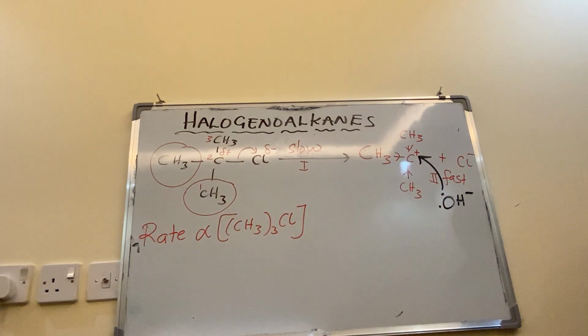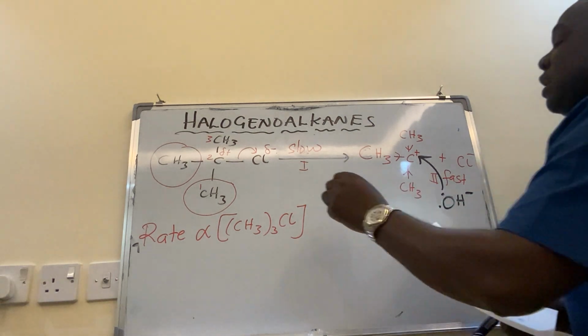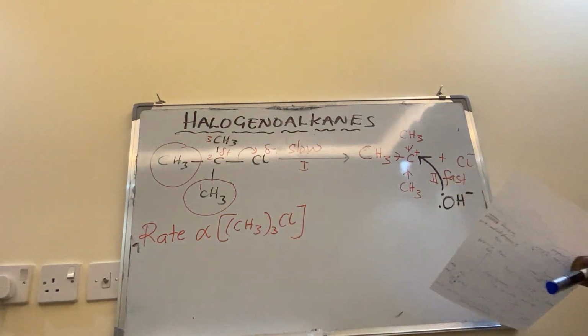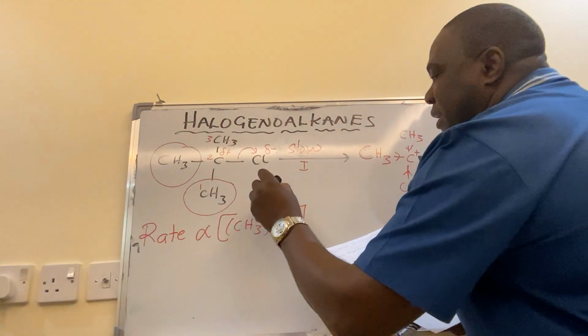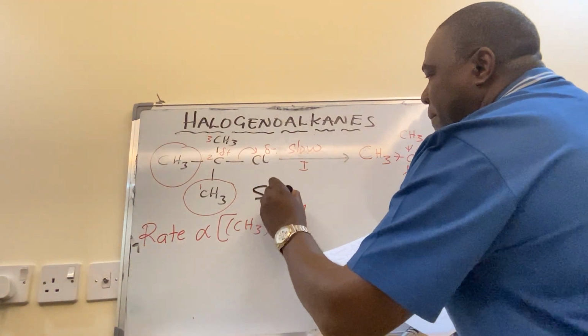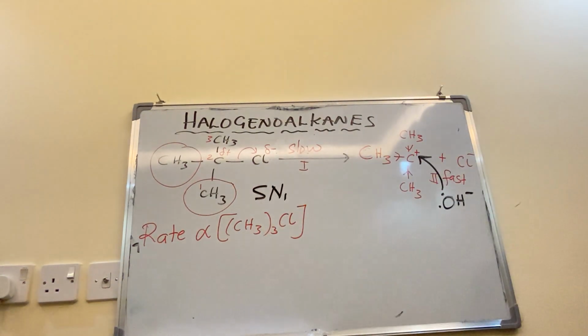Previously we saw our rate expression having two molecules, but this one only has one. The previous one was bimolecular. This one is unimolecular. It's nucleophilic substitution, but with only one molecule, so we call this one the SN1 mechanism. Two stages, but we are only concentrating on the slow stage.